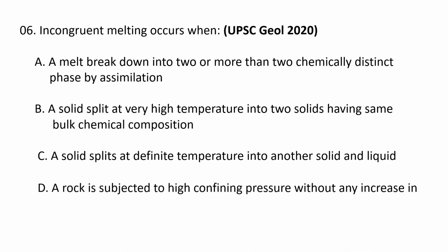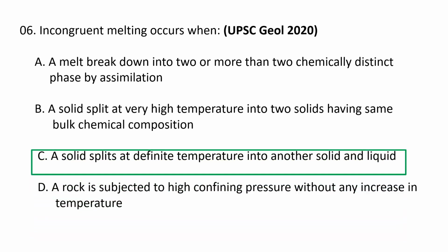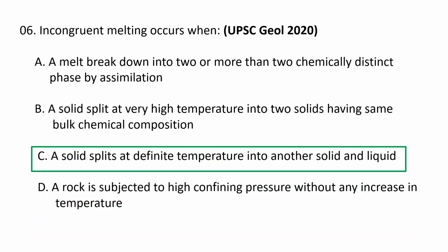D. A rock which is subjected to high confining pressure without any increase in the temperature. The correct answer is C. A solid which splits at a definite temperature into another solid and a liquid. So here in incongruent melting, the solid splits at a definite temperature and forms another solid and also liquid.